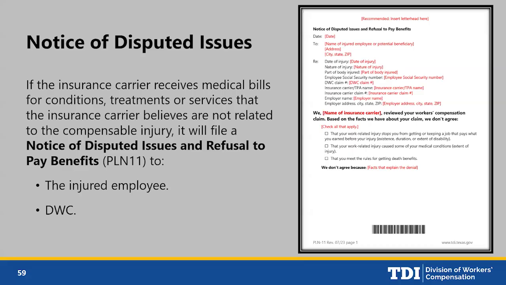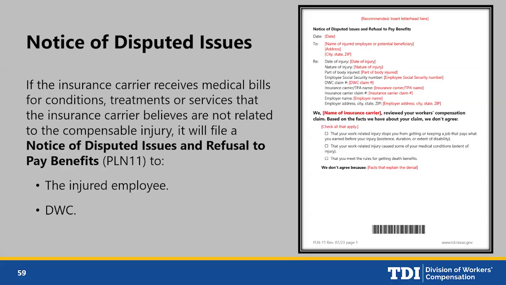Now, after you're treating the injured employee, at any time during the life of the medical services that the injured employee is receiving, the carrier is going to be reviewing medical records and any other documentation that comes into the insurance carrier.